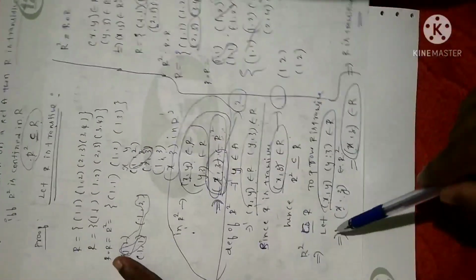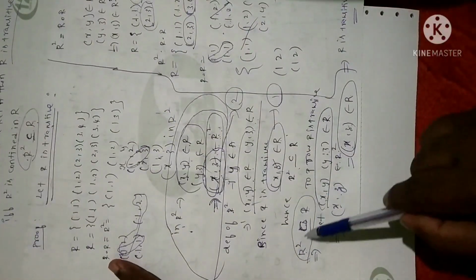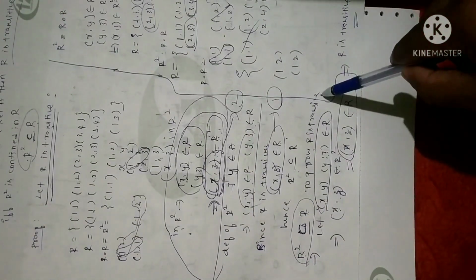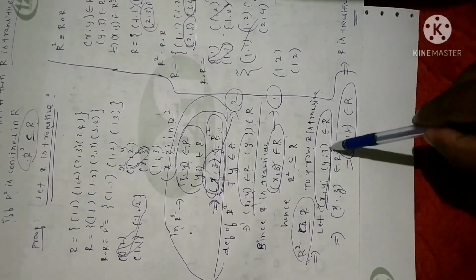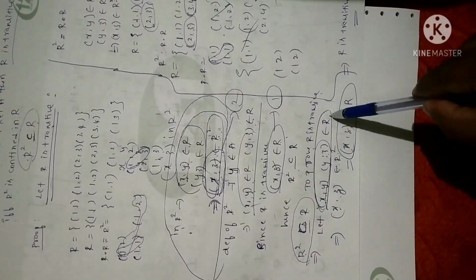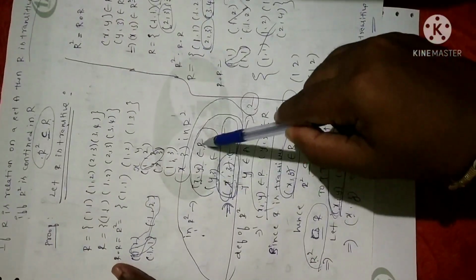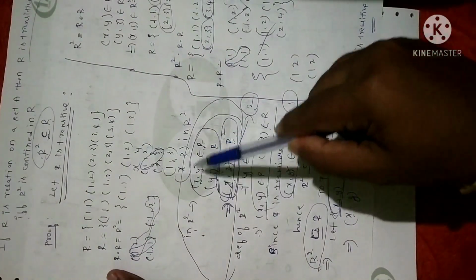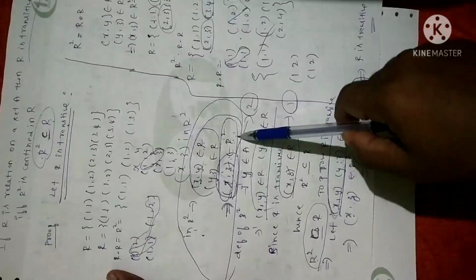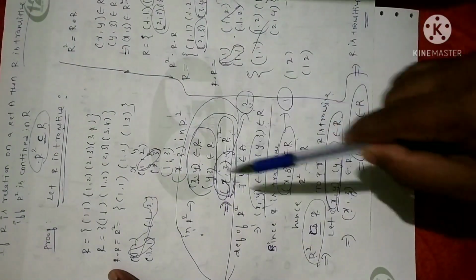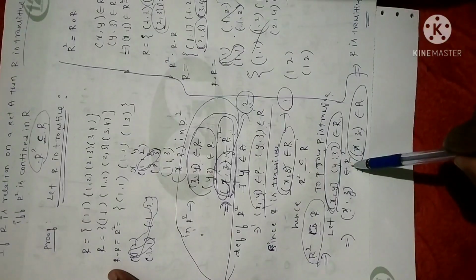Now coming to the converse part, I have assumed R square is a subset of R, and I am going to prove R is transitive. Let me take two ordered pairs which belong to R. Since I have proved just now that if (x,y) is in R and (y,z) is in R, then (x,z) should be in R square, from equation 2 I can write (x,z) belongs to R square.